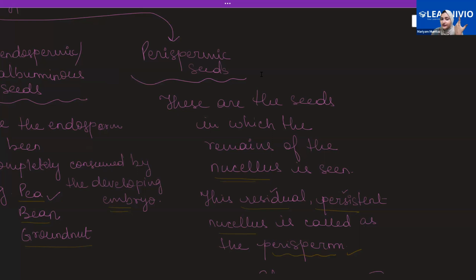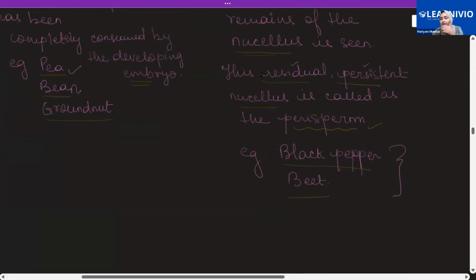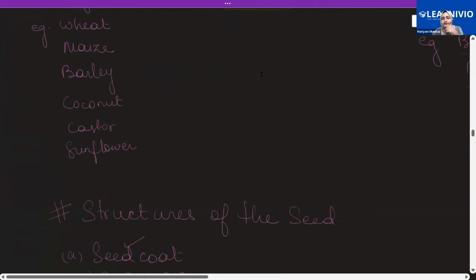That nutritive tissue is found, and the residual nucellus is called perisperm. The seeds that have the perisperm present, we call perispermic seeds, such as black pepper, beet, and others.